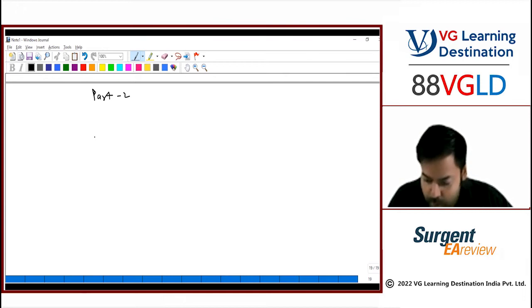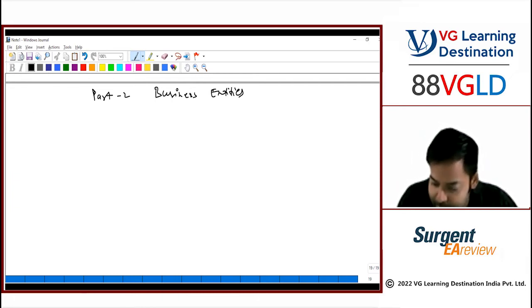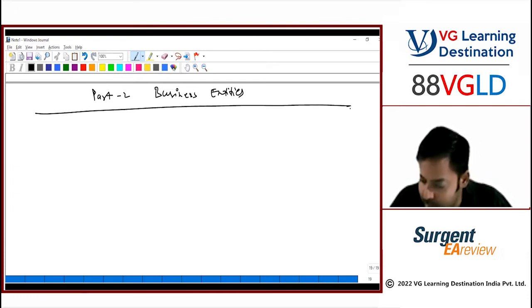Part two, which is the business entities. If I talk about business entities, we can broadly classify them into two categories.